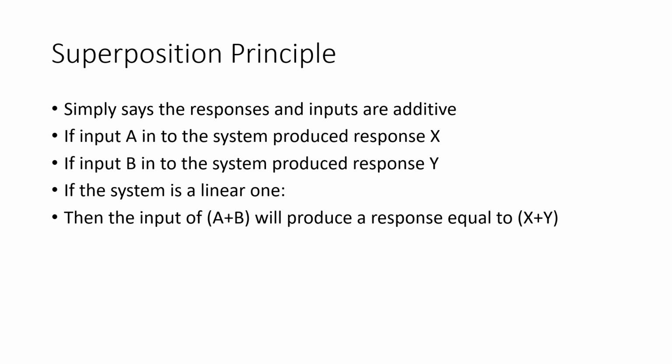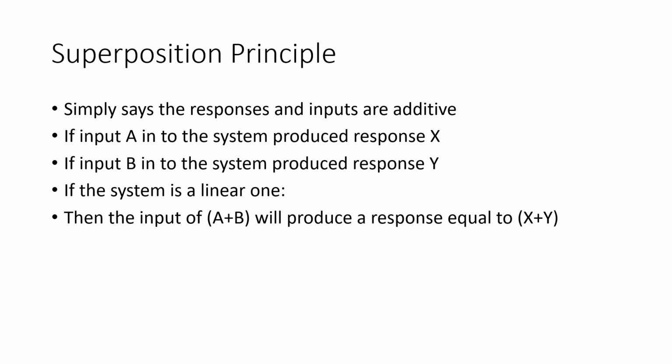So, the superposition principle works. It's a concept that has been created. It works only within the gamut of linearity. That is, if you have a system and you apply an input A, for instance, if you have a spring and you hang 2 kilos below, the spring deflects to say 1 inch.